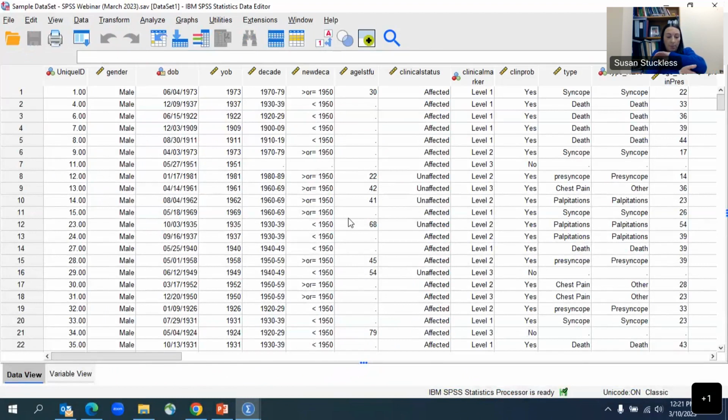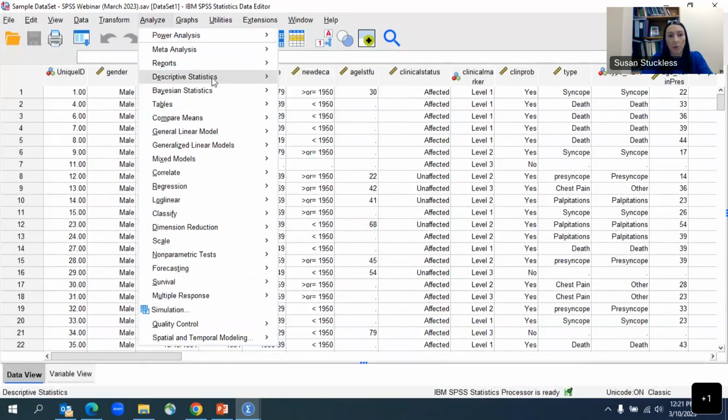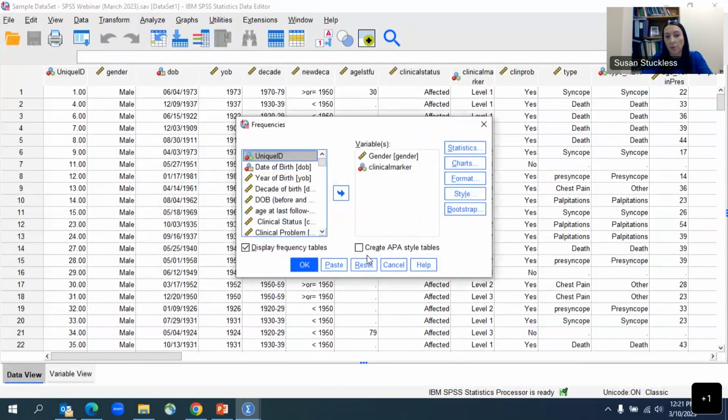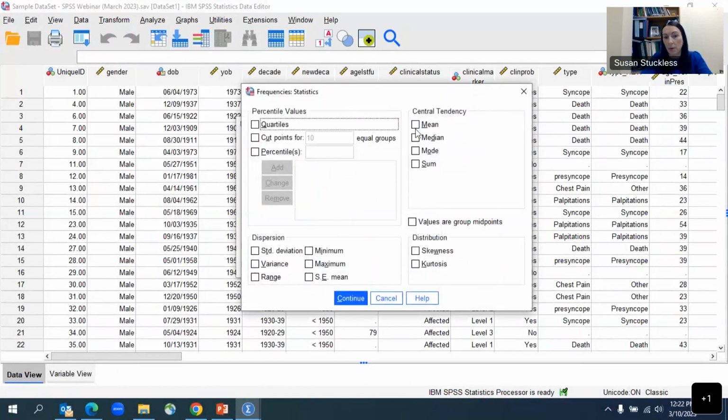So when I said there were other things there, we could do descriptive statistics for a continuous variable. I'm going to reset and pick age at first clinical presentation. In this situation, maybe we want to know the mean, median, mode, and what the min and max values are.